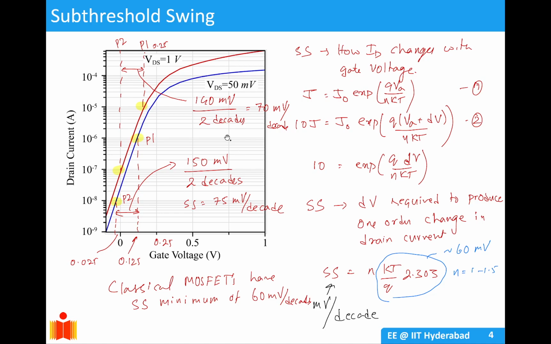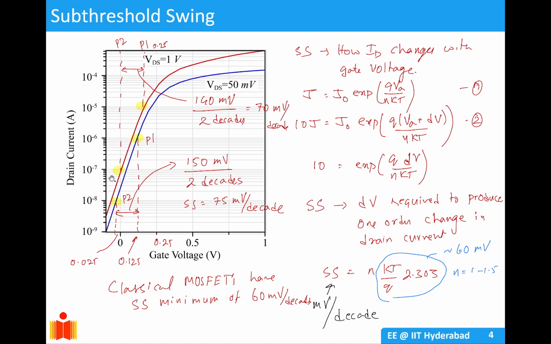So next we talk about subthreshold swing. As you can see, in the subthreshold region, my drain current is exponentially proportional to my gate voltage. So I can calculate the slope between the log of drain current versus my gate voltage, to get the effect of gate voltage on my drain current.